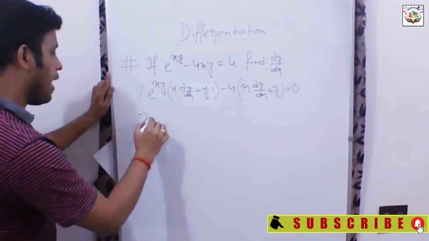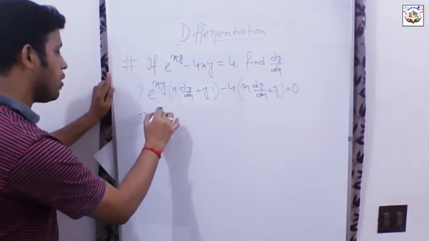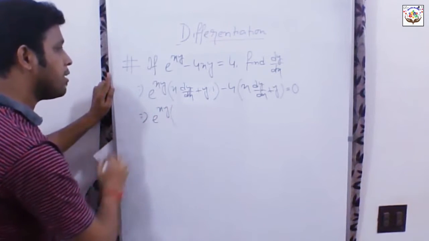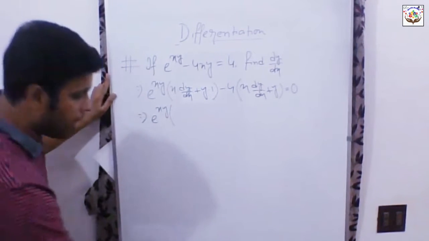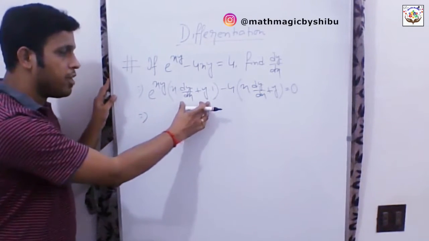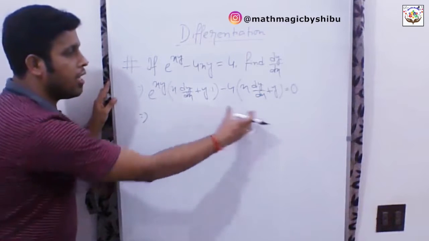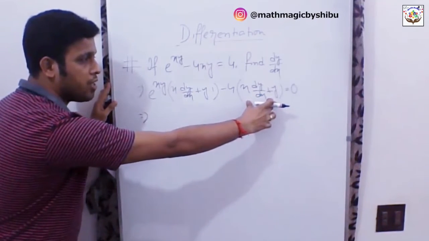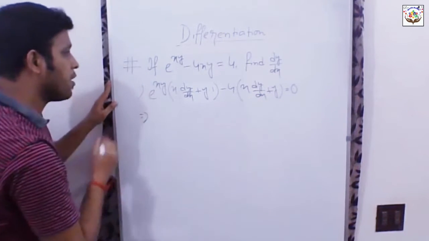So we have e to the power xy, and if you see closely, we have x dy/dx plus y in this portion, and we also have x dy/dx plus y in this portion, right?